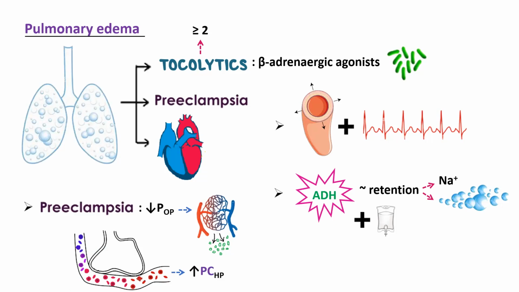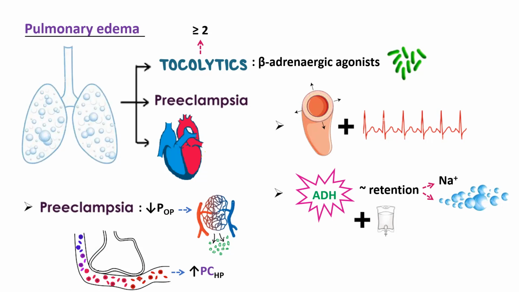And there is increase in the pulmonary capillary hydrostatic pressure, which again pushes them at a risk of pulmonary edema because of the fluid movement into the alveolar space. So these are some of the changes that happen with concomitant usage of tocolytics and in preeclampsia, which put them at a higher risk of developing pulmonary edema.